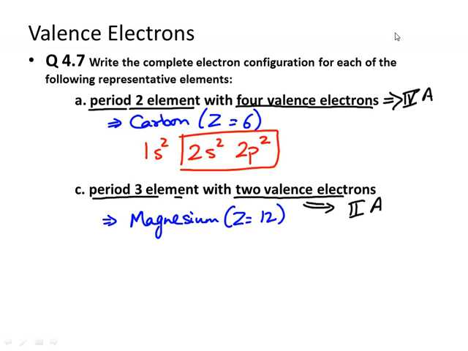So let's start writing the electronic configuration: 1s2, 2s2, 2p6, and then 3s2. Count your electrons. Make sure we have written down all the electrons. So that's 2 plus 2 plus 6, 12, right there. And this is the valence shell, the third shell.